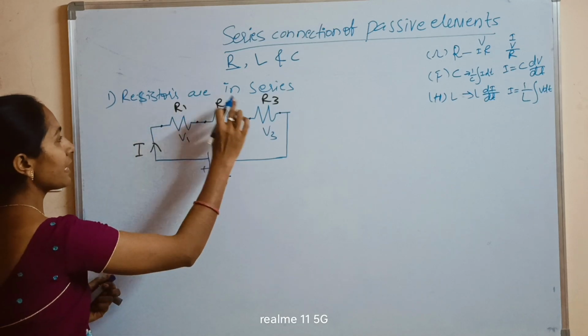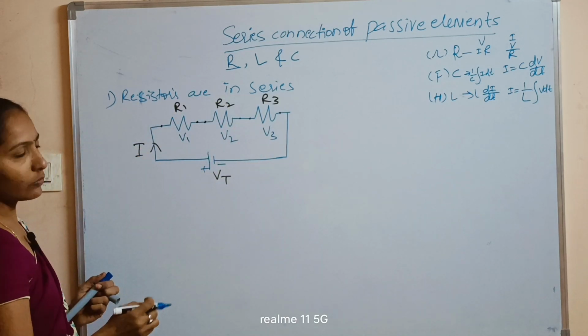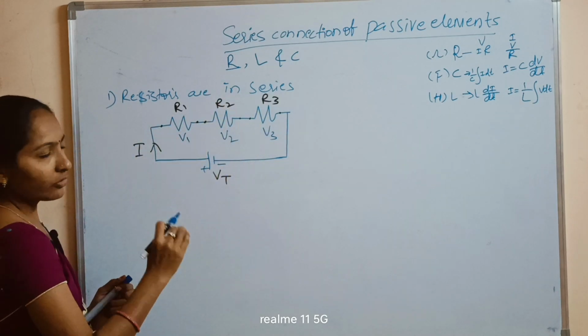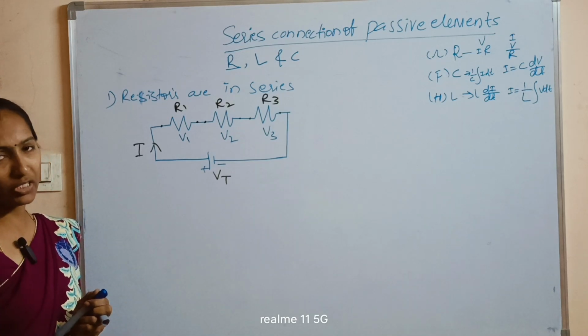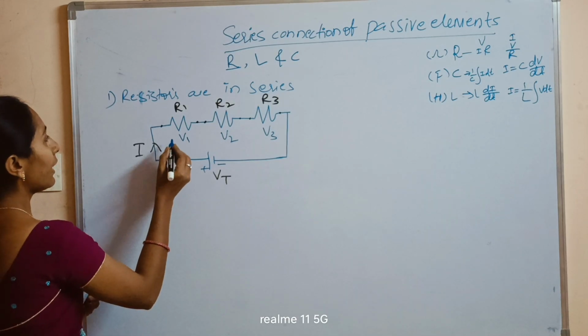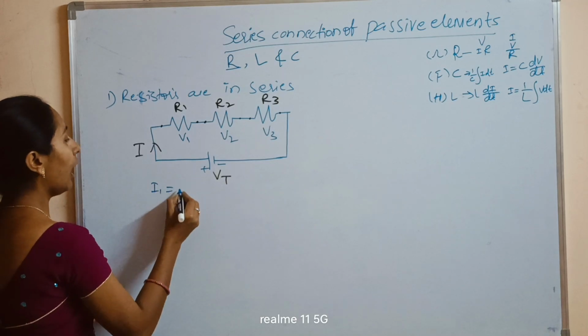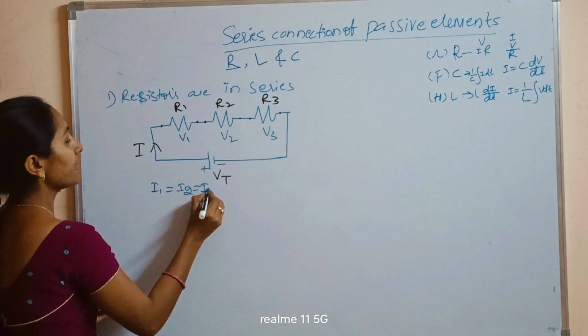In a series circuit there is a single flow of current, with no diversion. From positive to negative, only one path is available. So the current through R1 is I1, through R2 is I2, through R3 is I3.